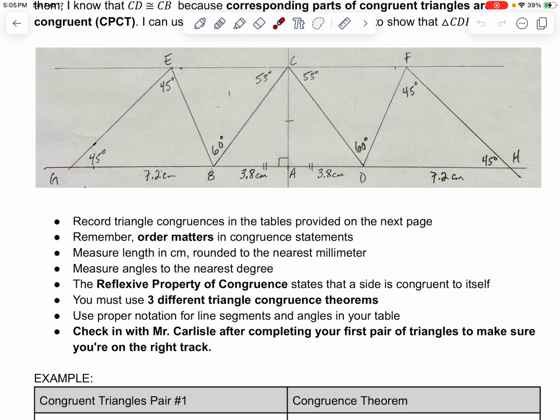So I used our side-angle-side rule. Side-angle-side matches up with side-angle-side, and therefore I know that this entire triangle must be congruent to this entire triangle. That's what our rules tell us. That's the whole point of all of this.